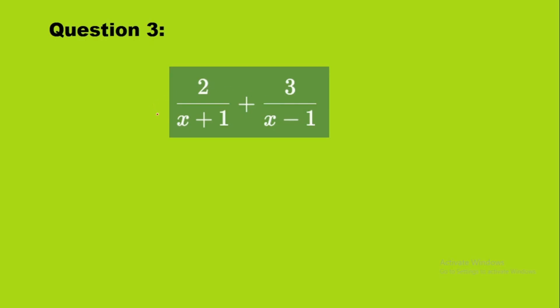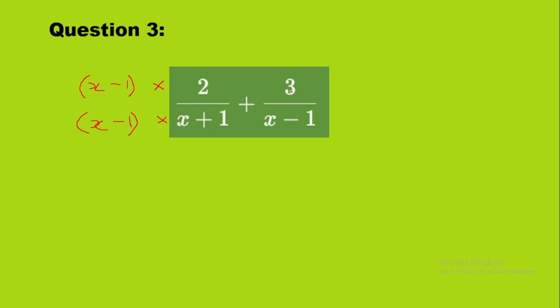So therefore we would multiply both the top and bottom of this fraction, which is the first one, by x minus 1. Both the top and bottom will multiply by the same exact term, x minus 1.